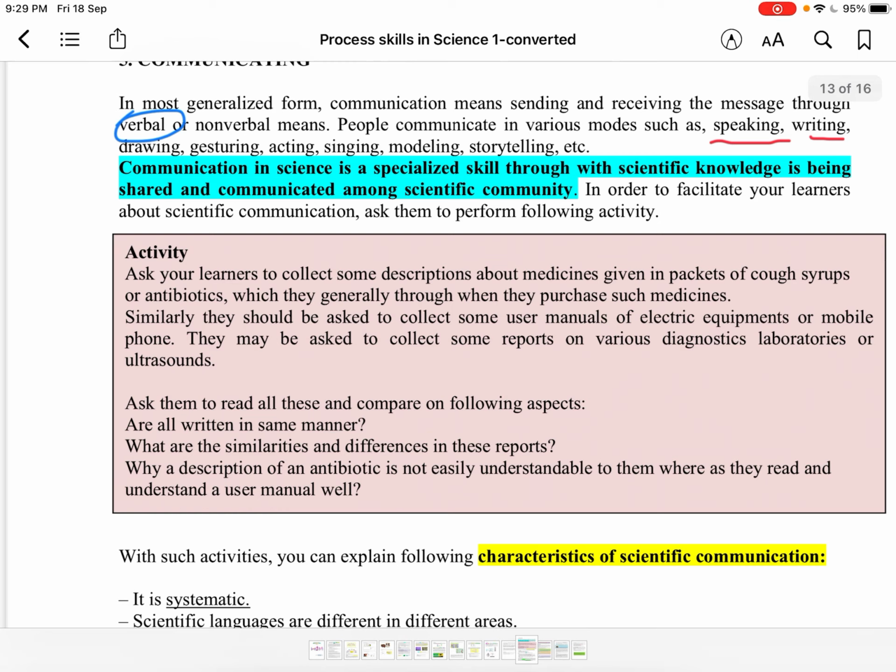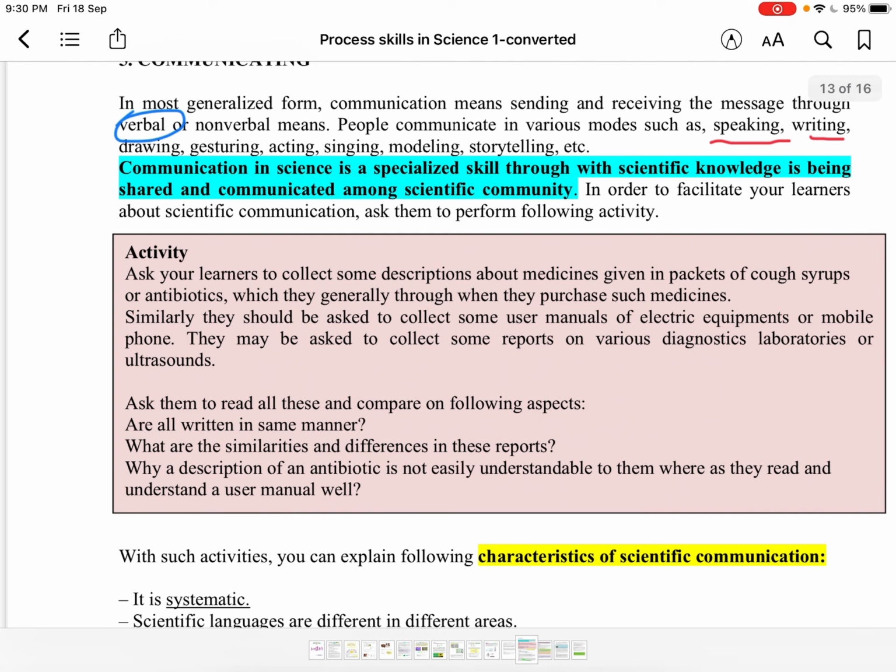So one activity is here: ask the students to collect some descriptions about medicines given in the packets of cough syrups or antibiotics. And they can collect there, on the packet's external sheet, the details that are written, which they generally go through when they purchase such medicines.